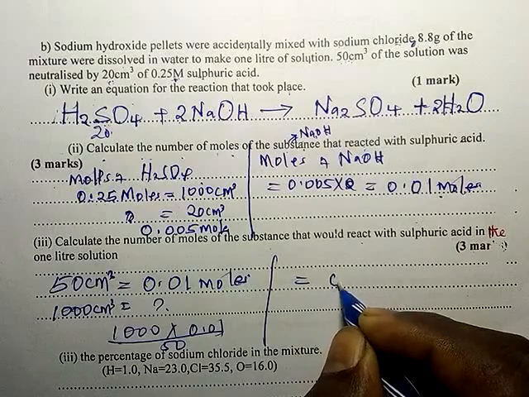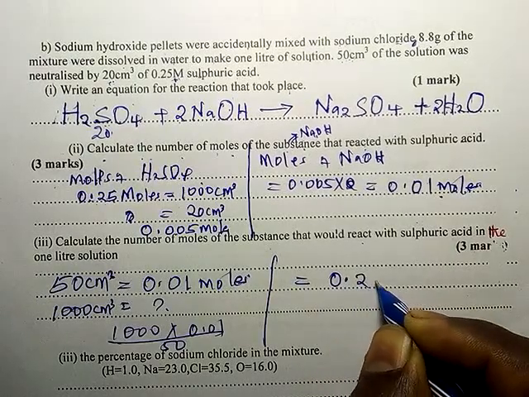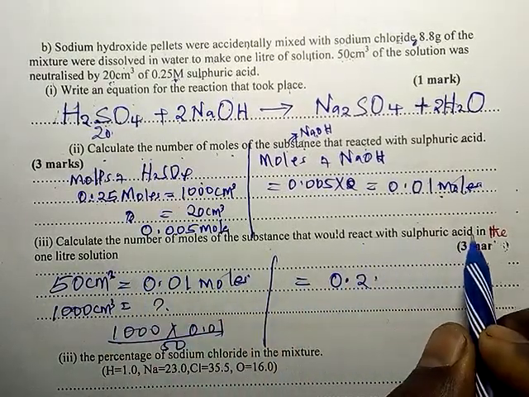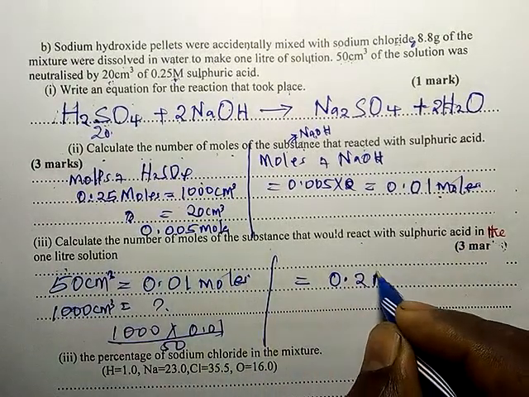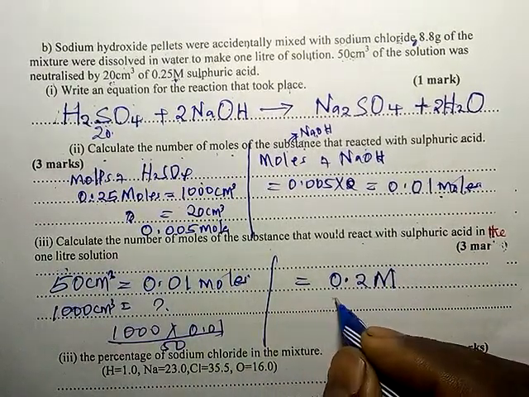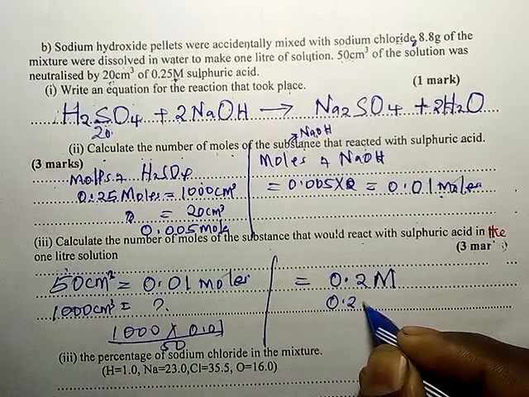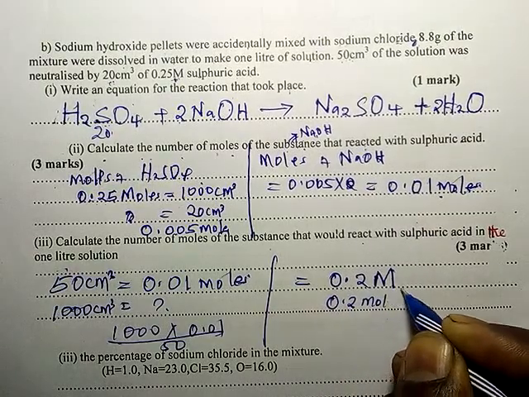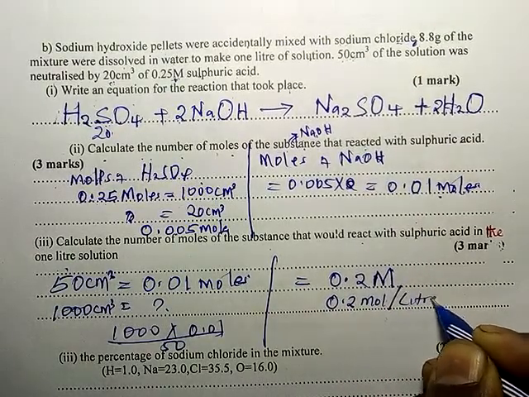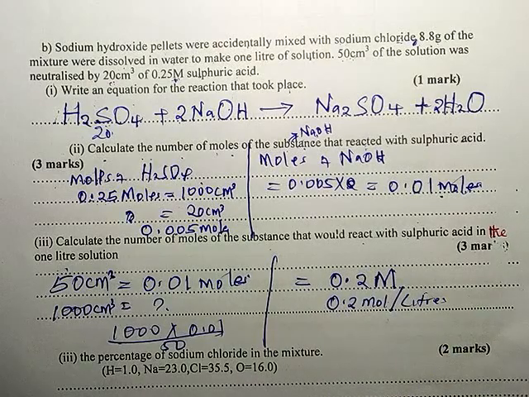This will give you 0.2, because it is moles in 1 liter. You would simply write 0.2 mole per liter. Mole per liter, therefore that is molarity.